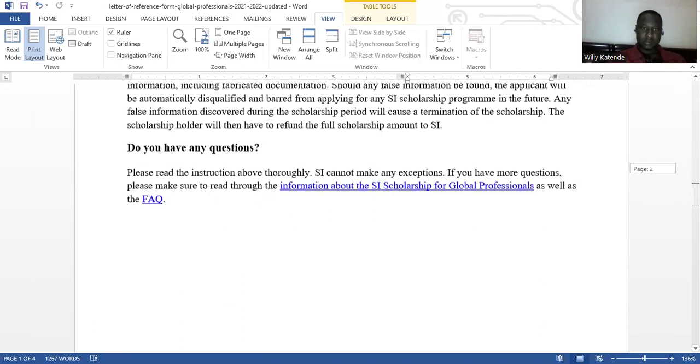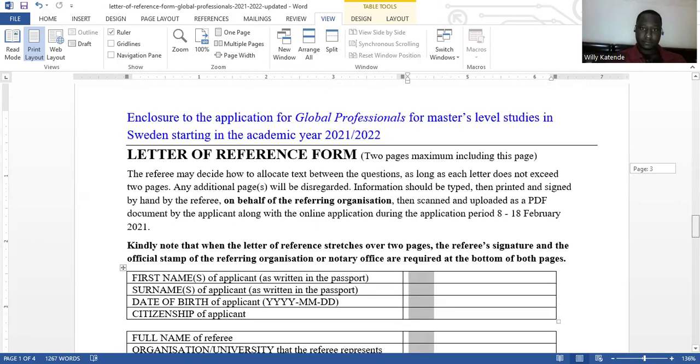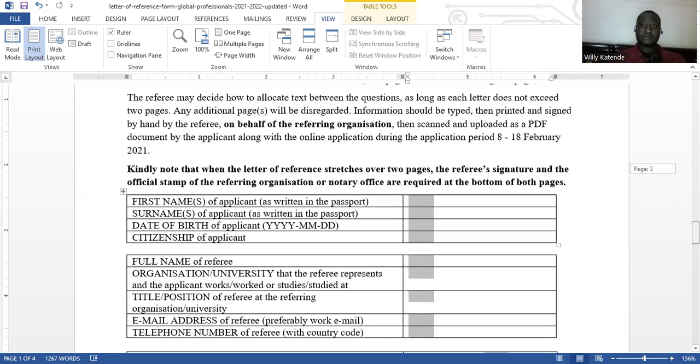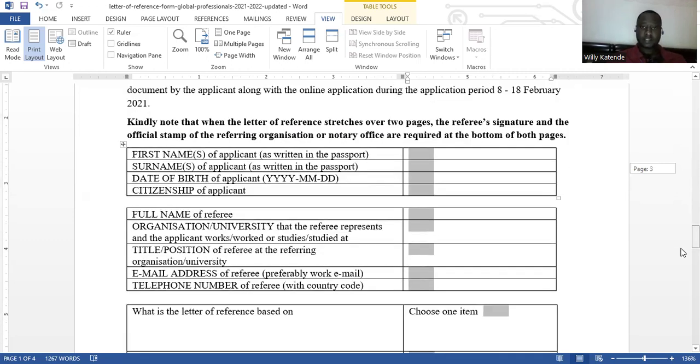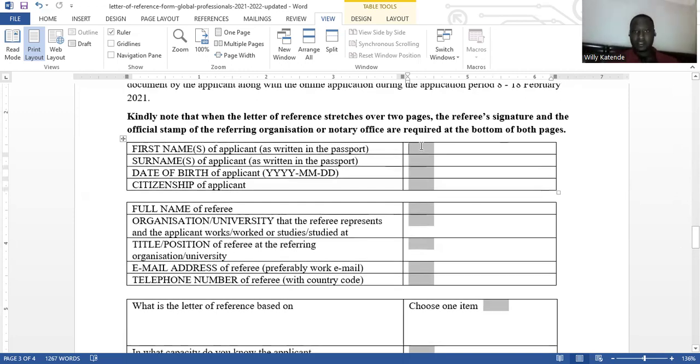Okay, so here is the filling. You just fill here. You edit this document. So you just fill in. So fill in your first name here.